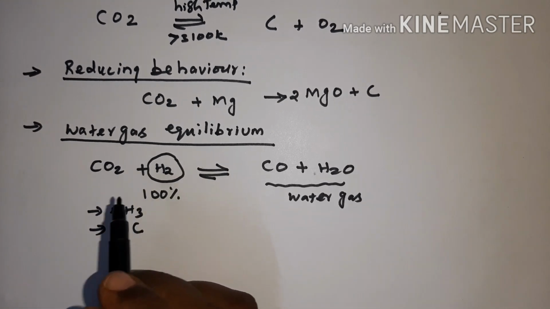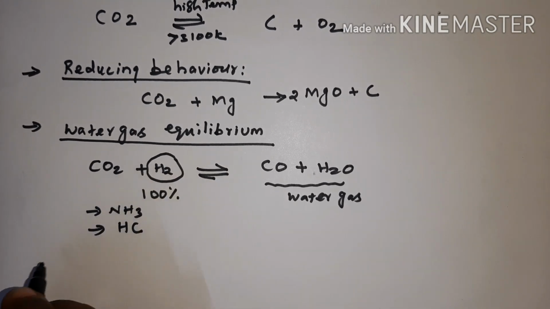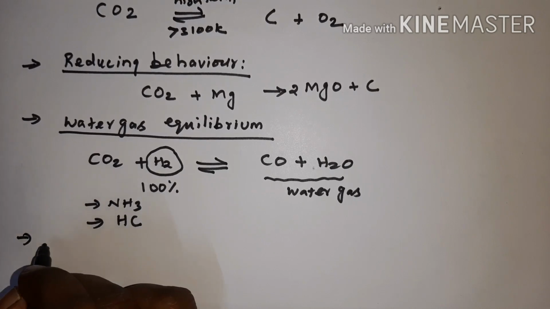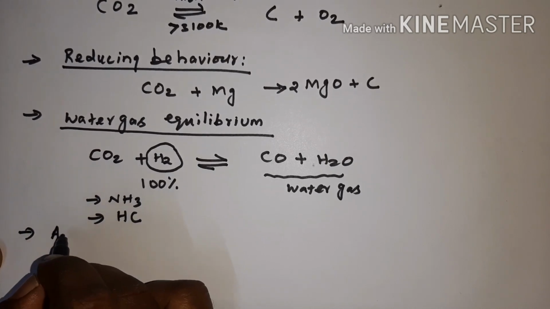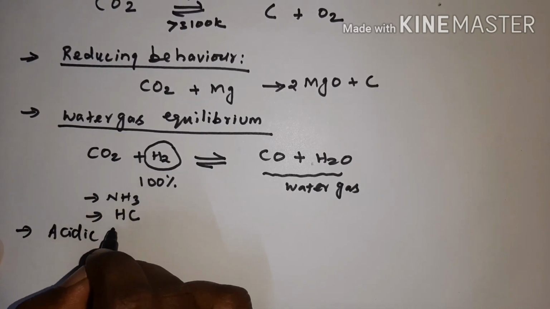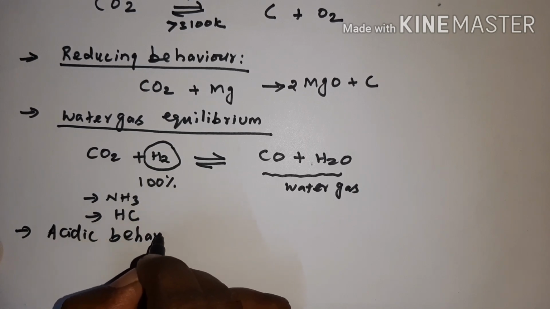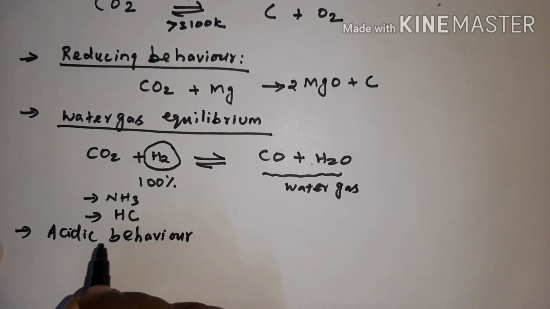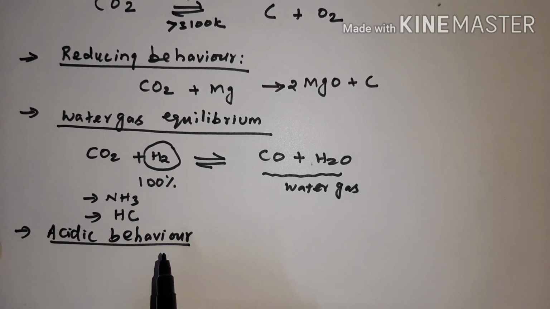Then acidic behavior. In the acidic behavior, carbon dioxide is slightly acidic as it forms carbonic acid.